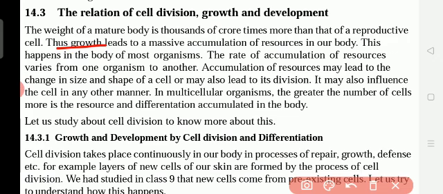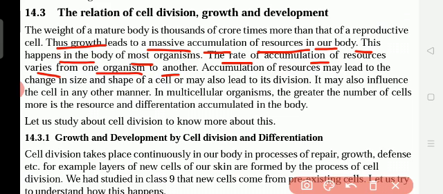Thus growth leads to a massive accumulation, massive means big, of resources in our body. Resources means food materials, energy, all these things. This happens in the body of most organisms. The rate of accumulation of resources varies from one generation to another.